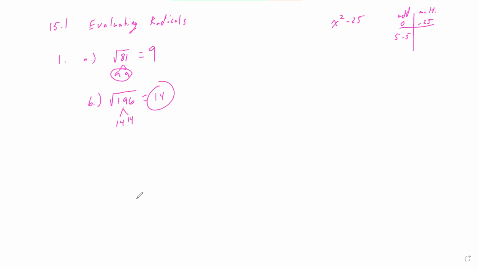Another cool feature on y'all's calculators, if you hit Second and the button that has an X squared on it, there should be a square root button. And you can just type it straight in.